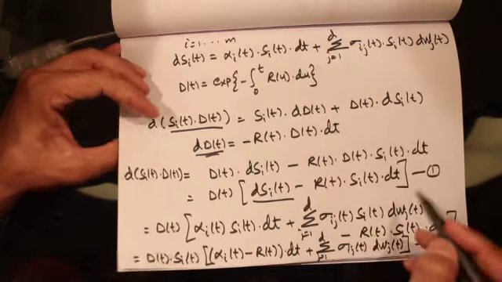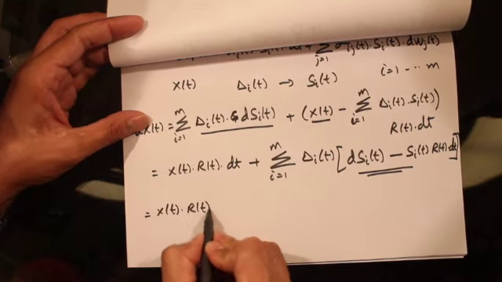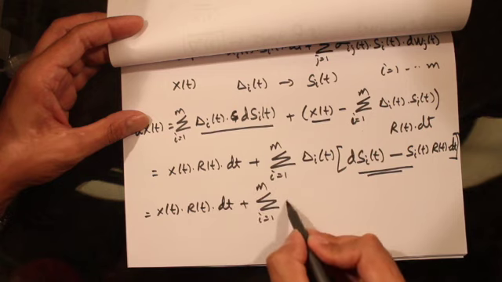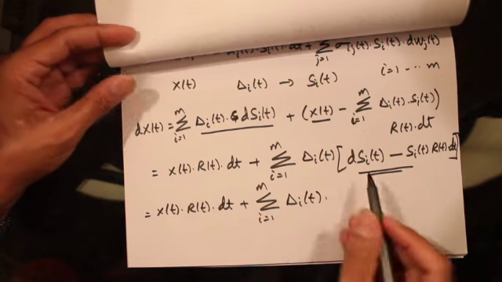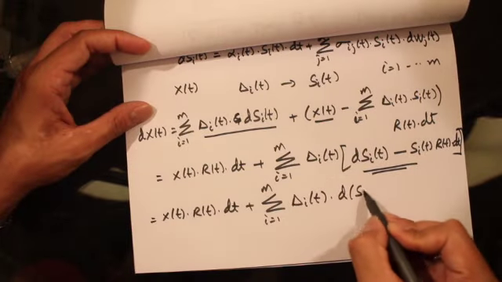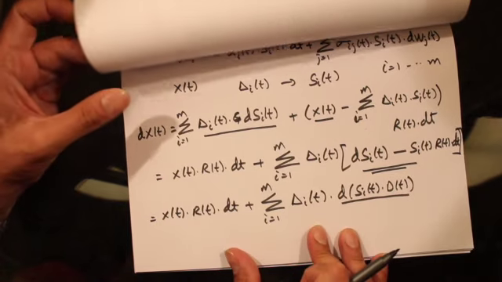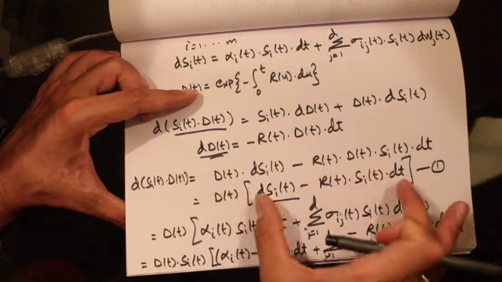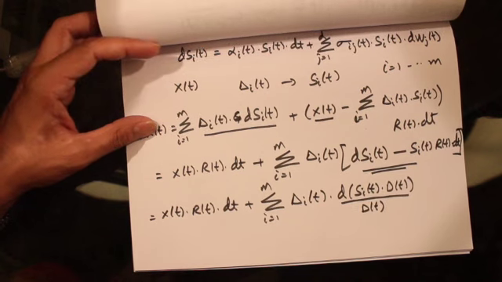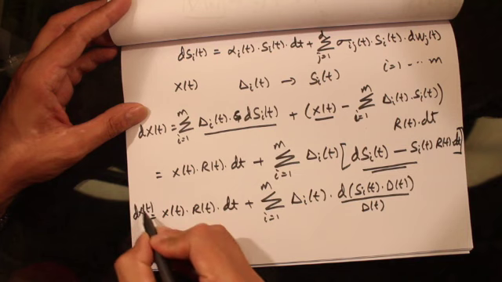So from equation 1 we can see that we can rewrite this as X(t) R(t) dt plus the summation i equals 1 to m Delta_i(t) times d of the discounted value of the stock, divided by, we had this dt here, which now goes in the denominator. So this is what we get as dX(t).